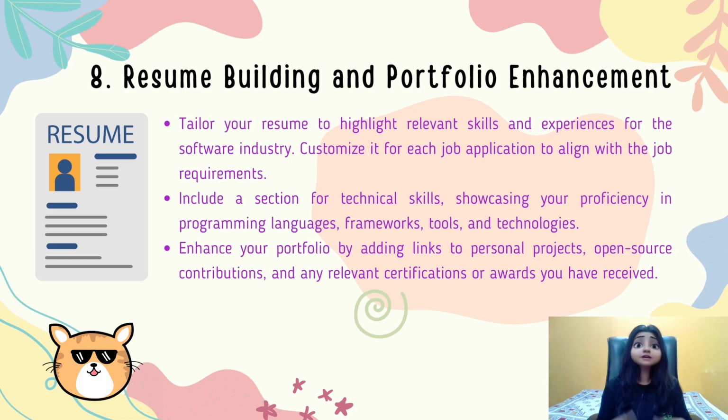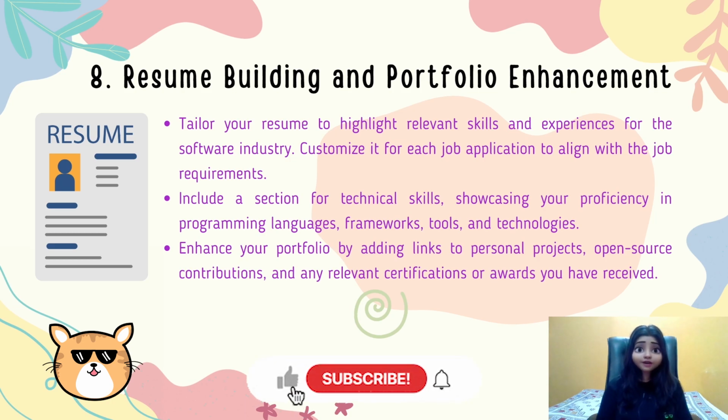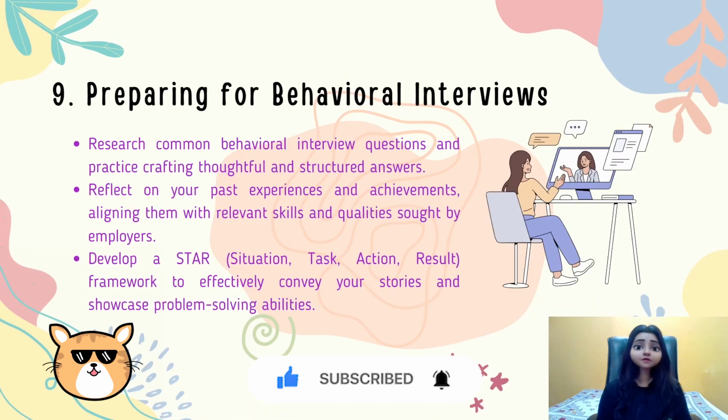Whatever additional thing you can provide, just add it to the resume. As I said earlier, adding links to personal profiles helps make you a bit more professional and also a bit smarter.